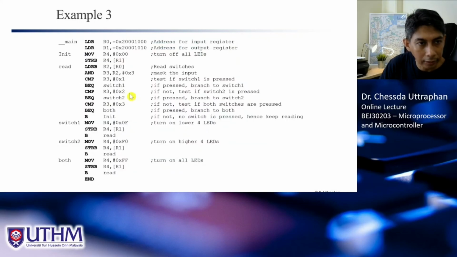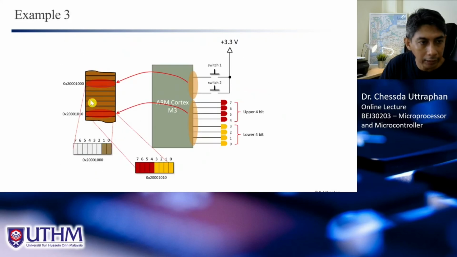So how to do that? Now we apply what we have learned before. For example, we use R4 here. You have many registers that you can use in your program, and in this case we use R4. So we have 0 in R4 and we use store, because we want to send 0 here.